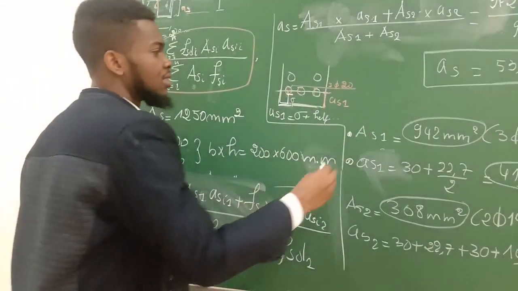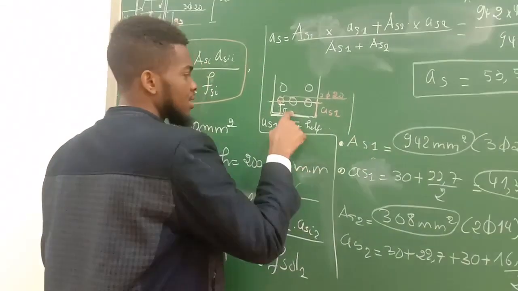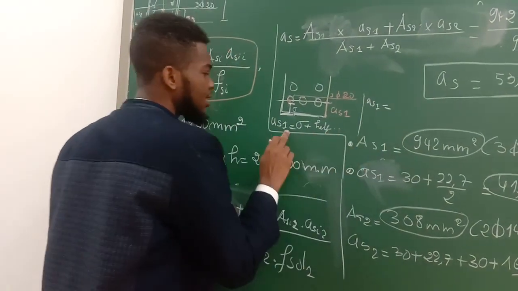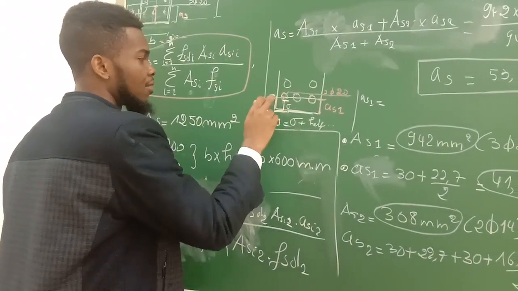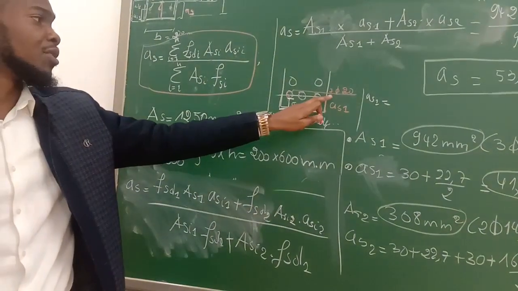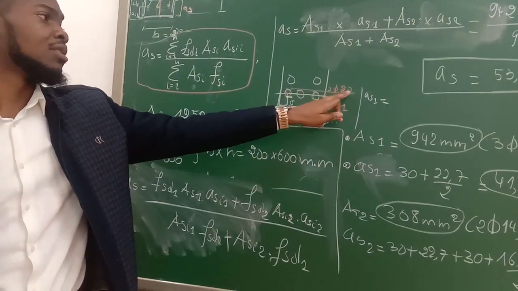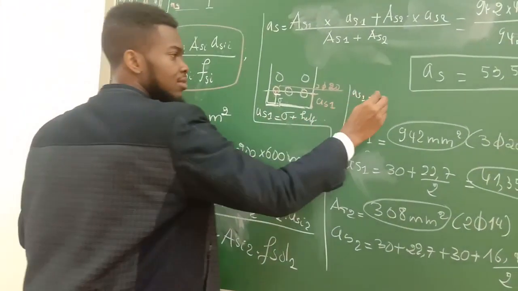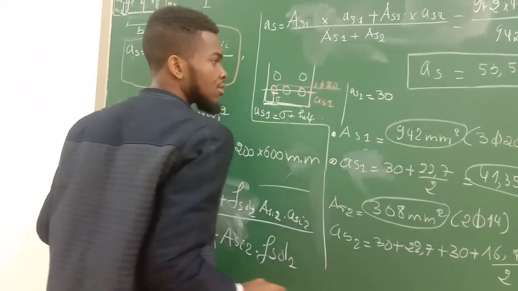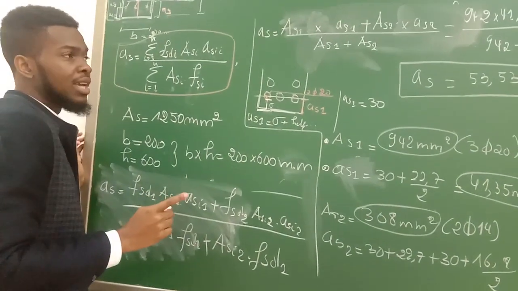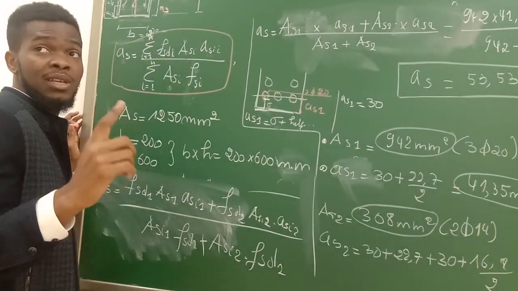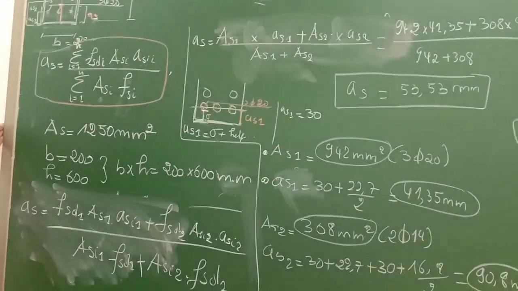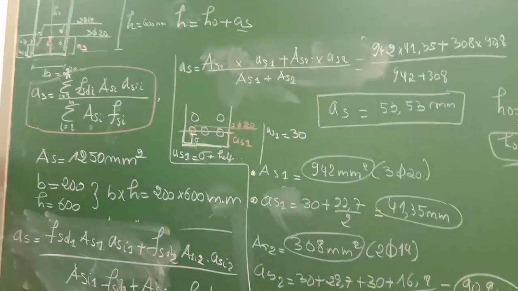In the book they say that this distance sigma for three diameter 20 steel bar is 30, since they give us in the problem that we are in phase 1 and there is a cover thickness.